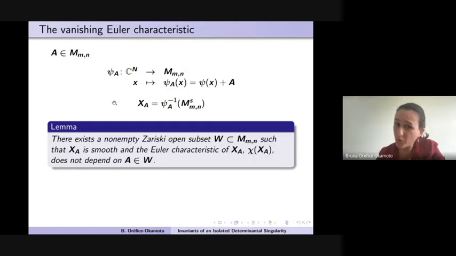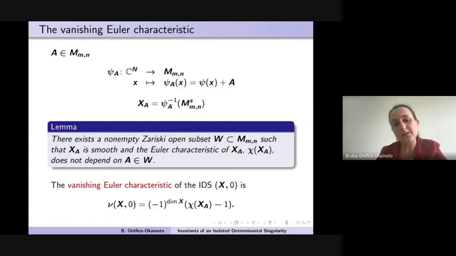Well, we showed there that the Euler characteristic of X_A does not depend on A in W, if W is a non-empty Zariski open subset specified there. And then we could define the vanishing Euler characteristic of the IDS X this way.